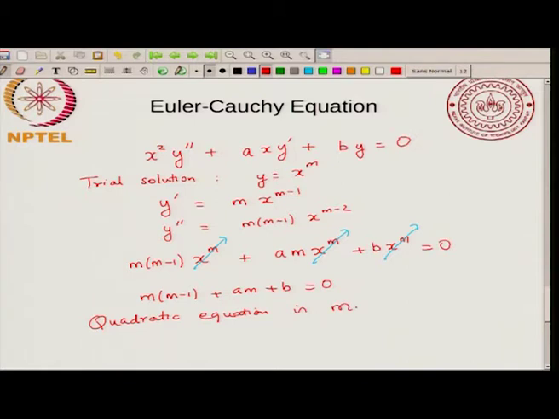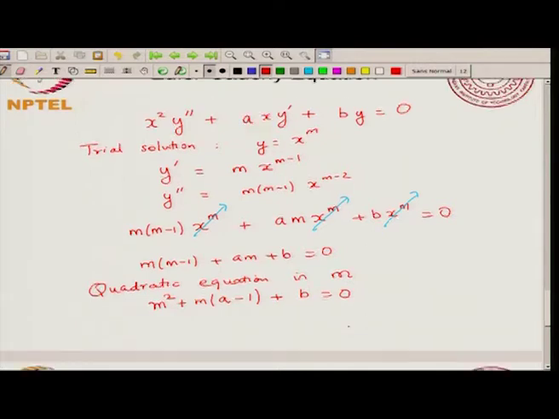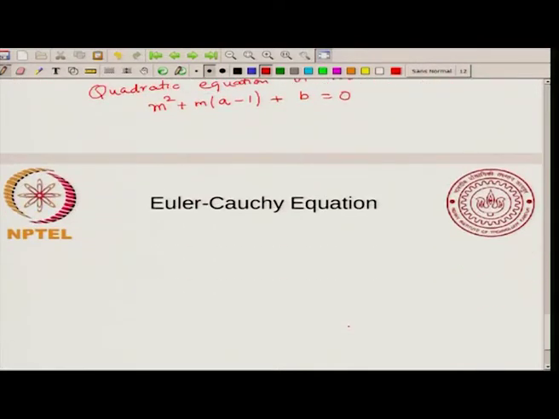I can write it explicitly as m squared plus m times a minus 1, plus b, equal to 0. So, that is the explicit quadratic equation in m. Whenever you have a quadratic equation, you can have two roots, m1 and m2.